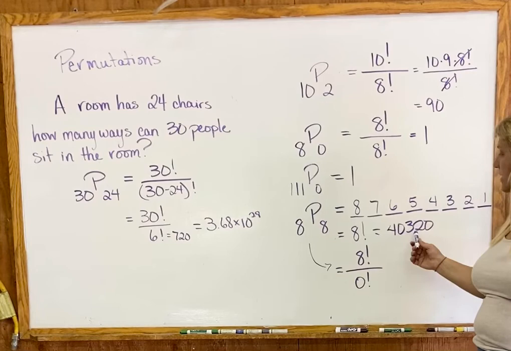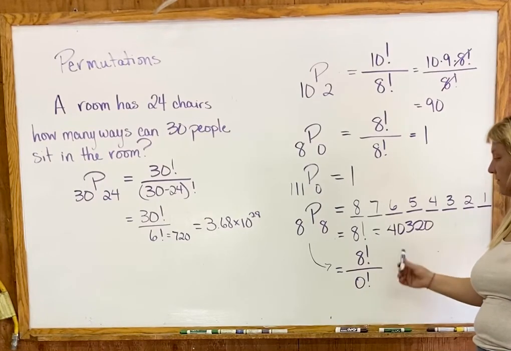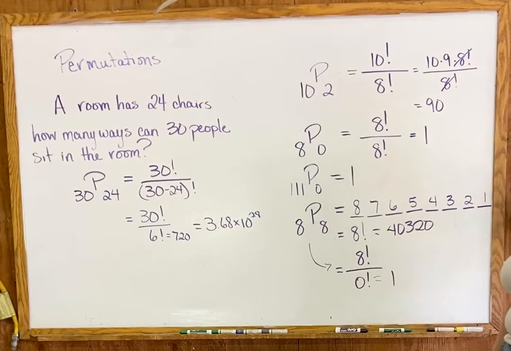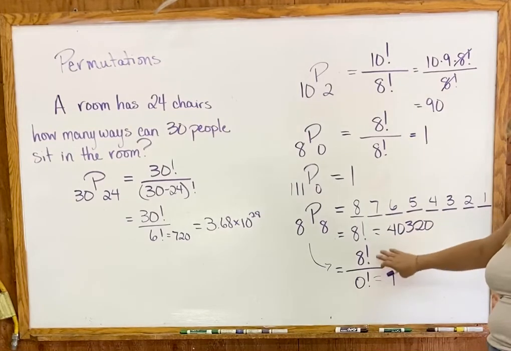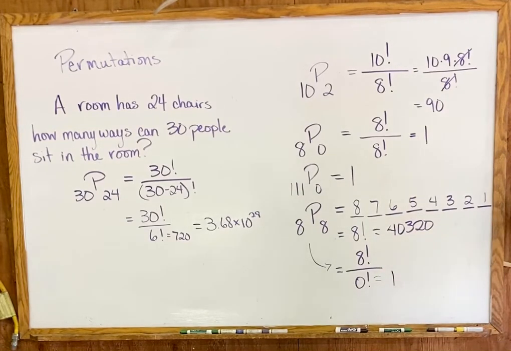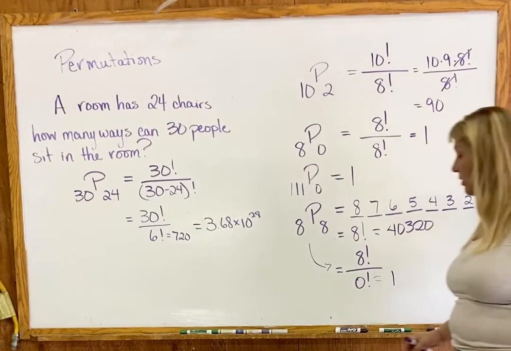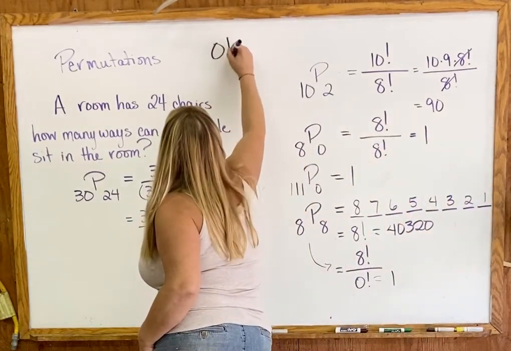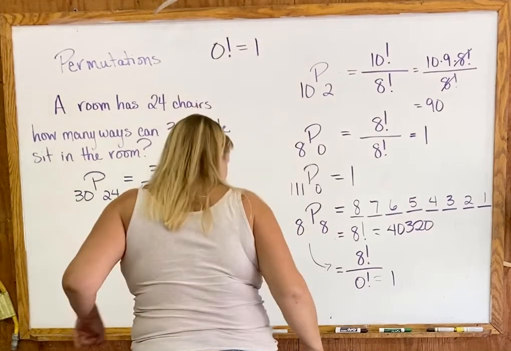So what we know is that the answer should be 8 factorial. So doesn't that imply that 0 factorial equals 1? Okay, so by kind of showing the way that this should work, we can tell that if we use the formula, whenever a 0 factorial pops up, 0 factorial equals 1. We can make a little note there, 0 factorial equals 1.